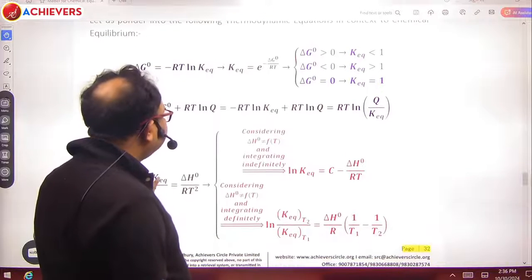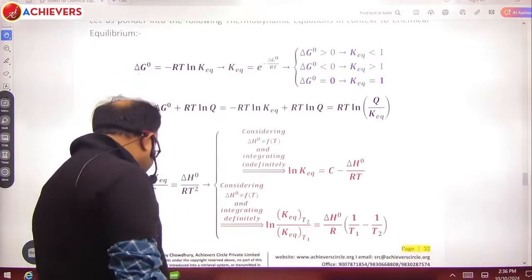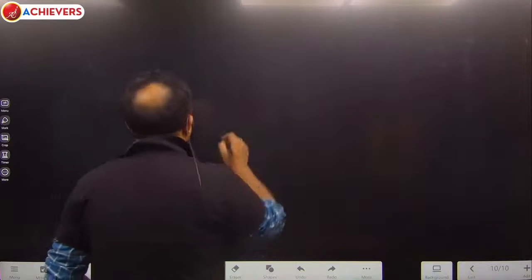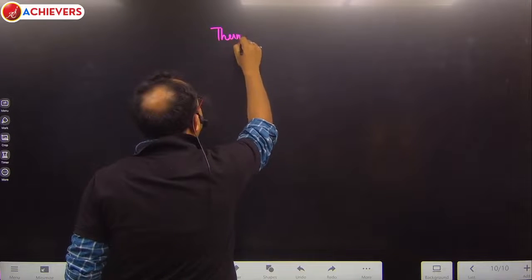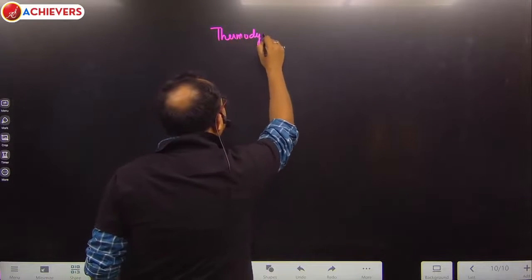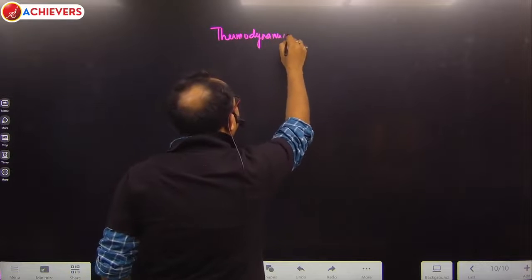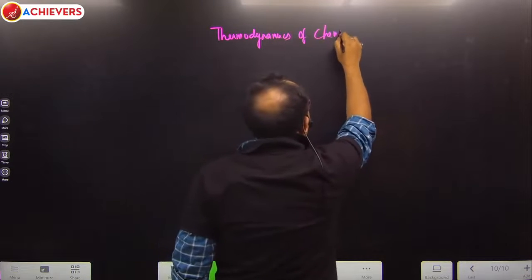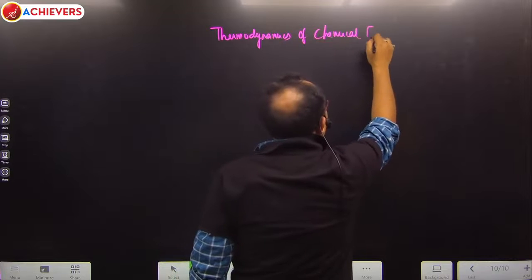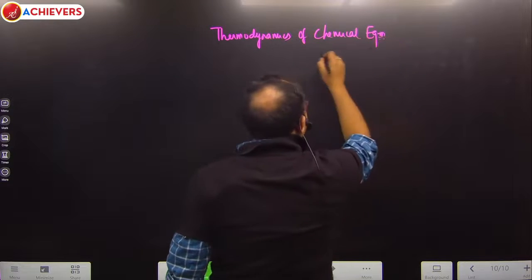So first of all, let us list down the important equations. I will start with thermodynamics of chemical equilibrium.